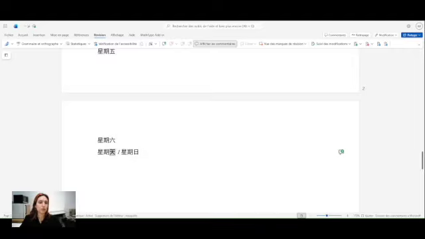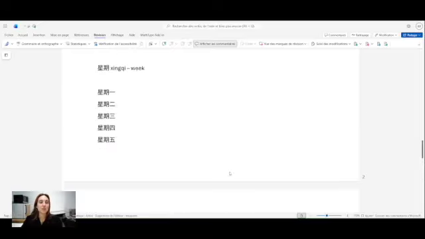So 星期天, we use the character for day, and we put it after 星期. Or you will see also in a more formal way, 星期日. So we have here 日 with the fourth tone. But you can use this in oral communication. 星期天.